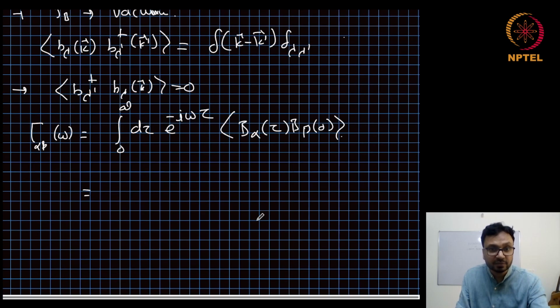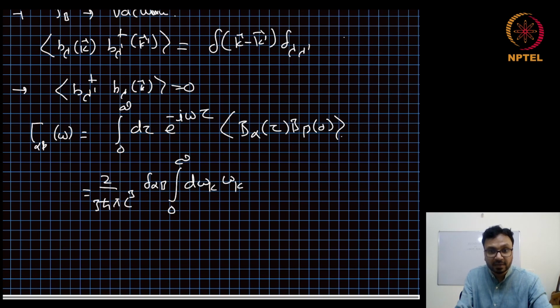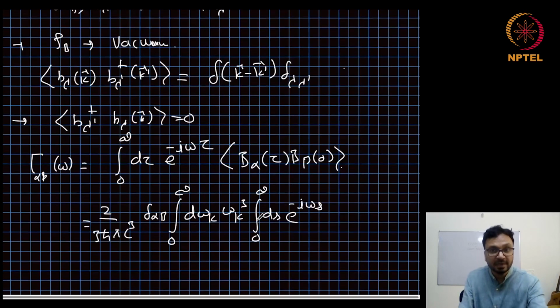This can be calculated for the bath operators to be 2 over 3 h bar pi c cube delta alpha beta, integral from 0 to infinity d omega k cube, integral from 0 to infinity ds exponential of minus i omega s. So by substituting b alpha and b beta with b lambda prime dagger and b lambda k, we get the bath correlation function gamma alpha beta of omega to be this.